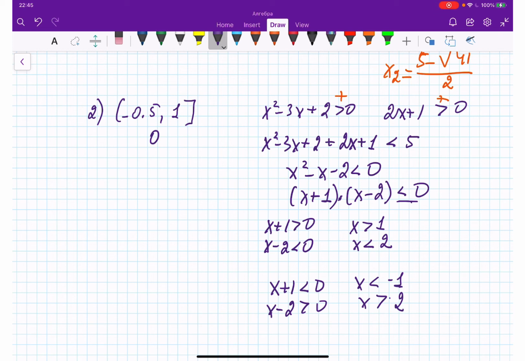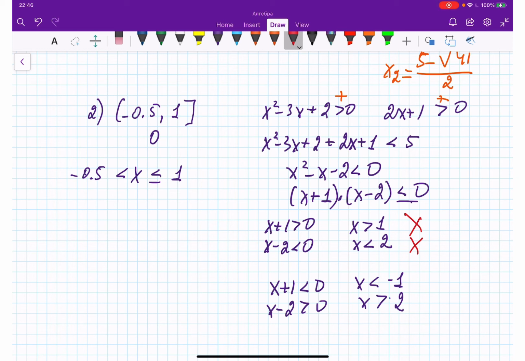Okay, we know that our solution has to satisfy x greater than negative 0.5 and less than or equal to 1. Let's check this one. This is not going to work because I can get 1.5, and it's not going to satisfy because it's above 1.